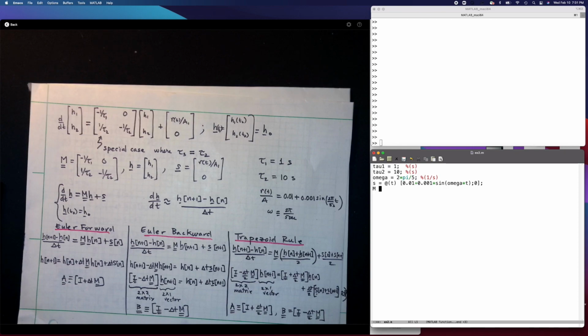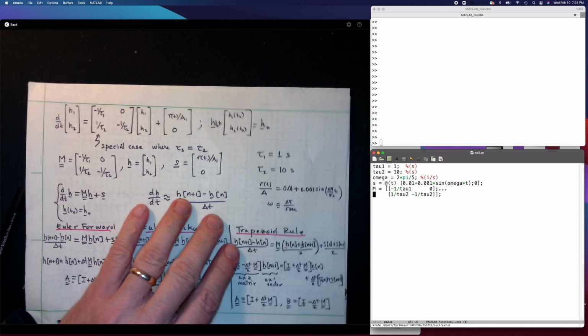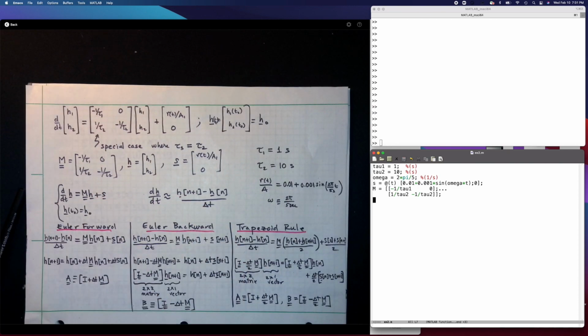And then my matrix M is minus 1 over tau 1, 0, 1 over tau 2, minus 1 over tau 2. That's the matrix M. I need to specify some initial conditions and a place to store the solution. So let's pick the time range I'm going to run.